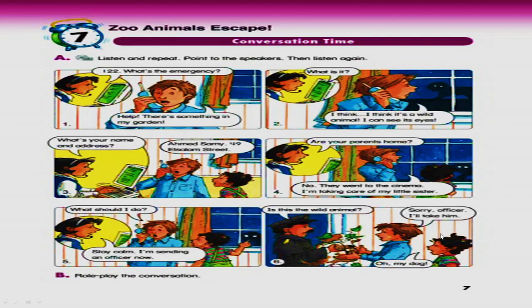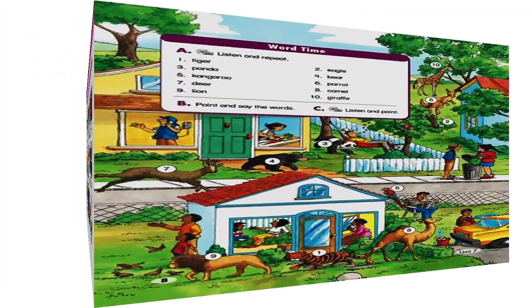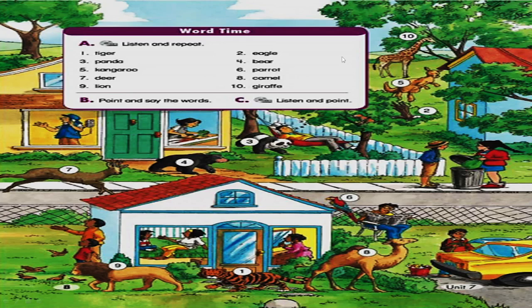So, check it again. Let's move to the second lesson, which is, as usual, the word time. The word time this time was the names of some of the zoo animals and birds: tiger, eagle, panda, bear, kangaroo, parrot, deer, camel, lion, giraffe.